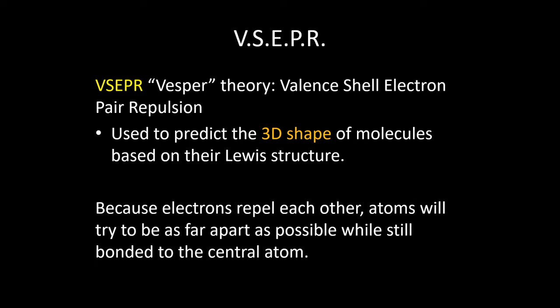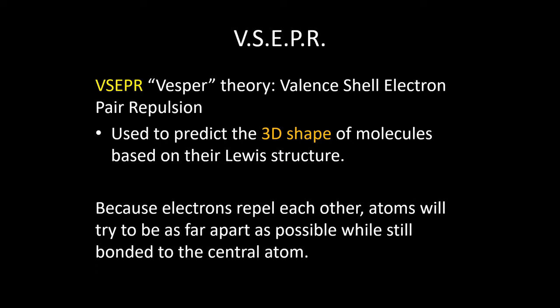They have 3D space to work with, 360 degrees all the way around the atom, and they will position themselves as far away from each other as possible, because that is the most energetically stable way for them to arrange themselves.